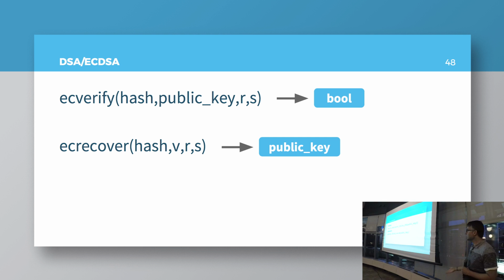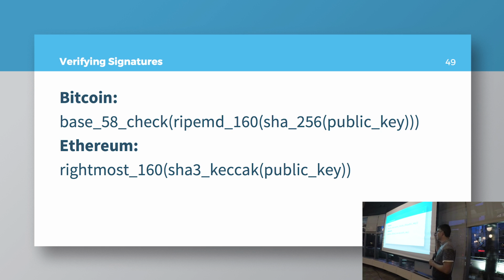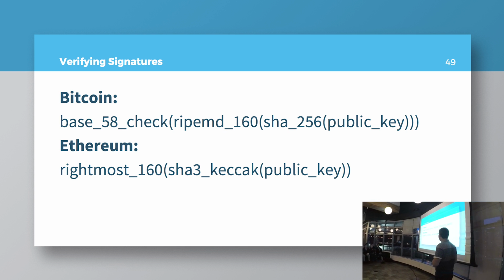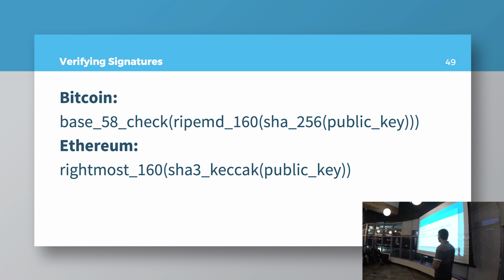And so if you want to know how public addresses are really encoded in Bitcoin and Ethereum, these are the actual algorithms. So in Bitcoin, we take the public key encoded with the elliptic curve DSA algorithm that we talked about. Then we take the SHA-256, which again is a version of SHA-2. And the funny thing is that SHA-256 was developed by the NIST, a US government agency, who ran a contest and selected that one.